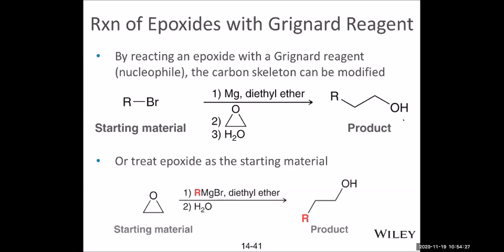Because epoxide has at least 2 carbons, and if the epoxide is attacked by the Grignard reagents, a carbanion, it will add at least 2 more carbons to the structure. And organic synthesis is all about starting from small molecules to build big molecules.